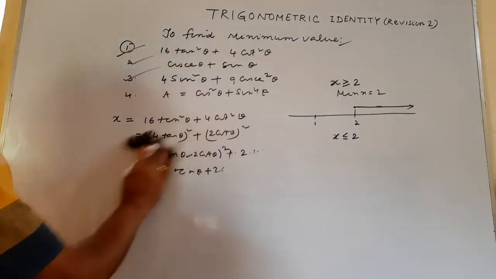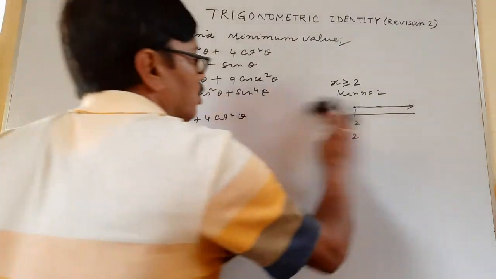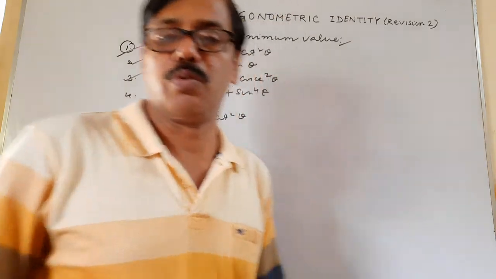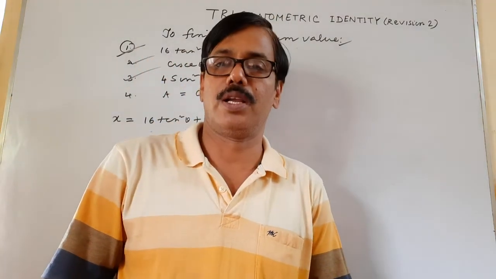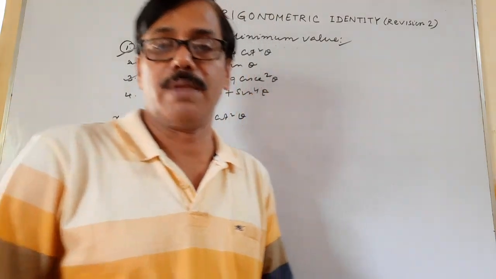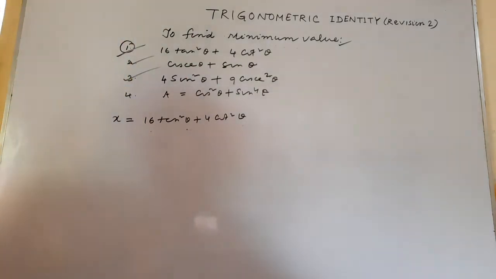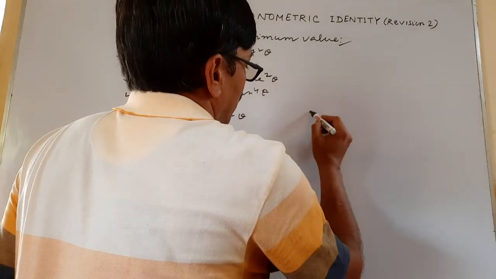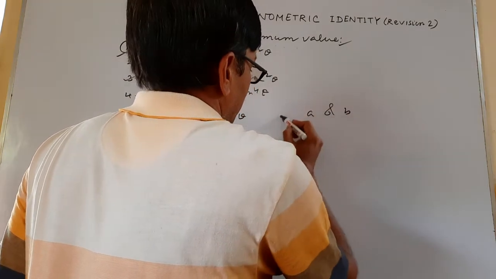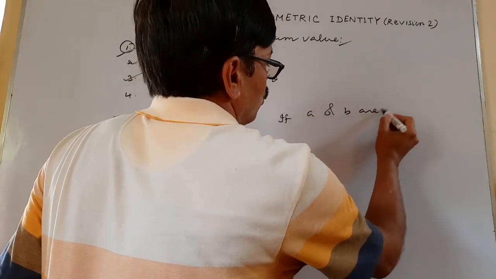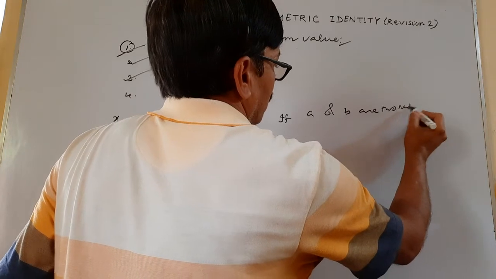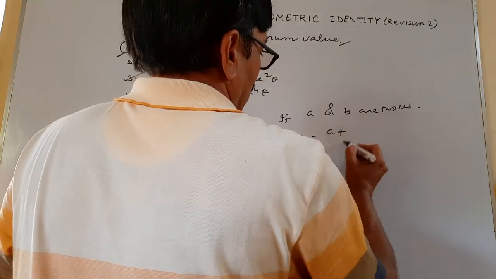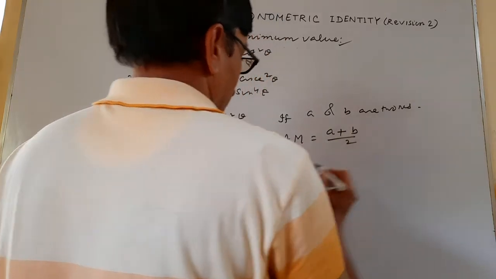To find the minimum value, we can also solve it by using the result AM greater than or equal to GM. This is arithmetic mean. If a and b are two numbers, then AM means the average, (a plus b) by 2.